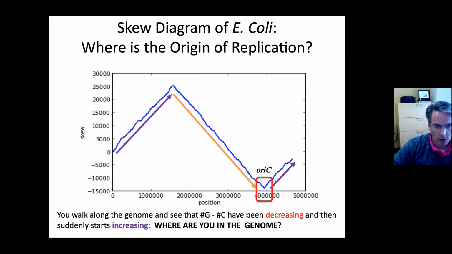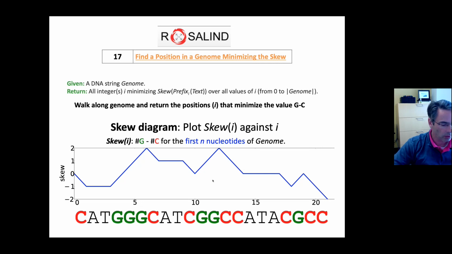Okay, so that gets you to the next Rosalind problem, which is to build some code to find the minimum skew, where the skew is the G minus C.